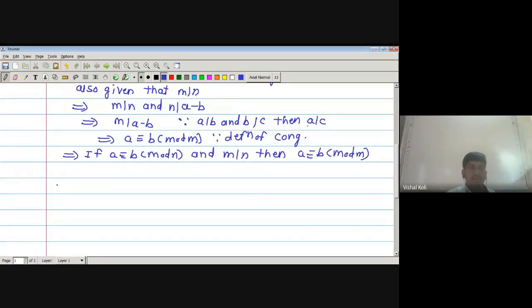Now in second one, given that A is congruent to B modulo n and C be any arbitrary integer which is greater than 0.